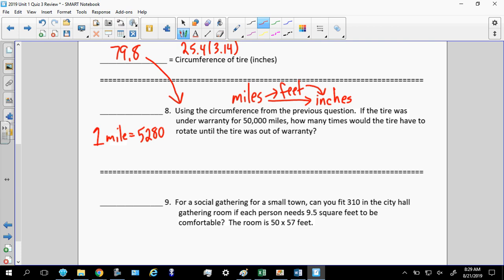So the first thing I need to do is take my 50,000 miles and times it by 5,280. And what that's going to do is give me all the feet, but I'm not done yet. I need to convert now my feet to inches. And if you remember, 1 foot is equal to 12 inches.